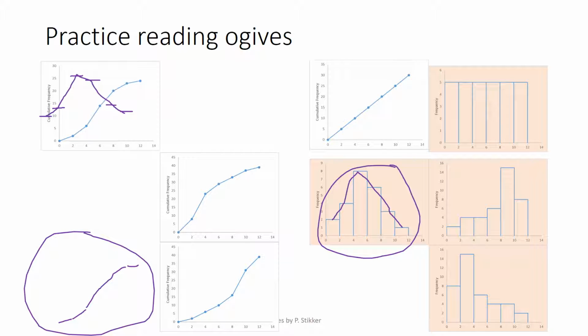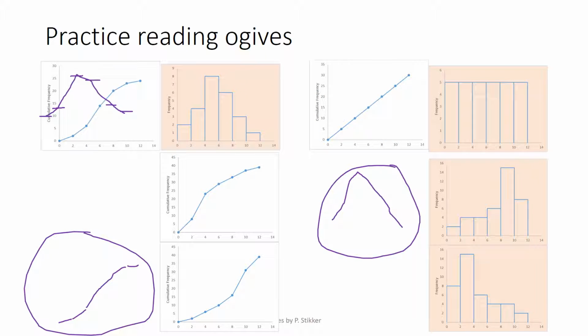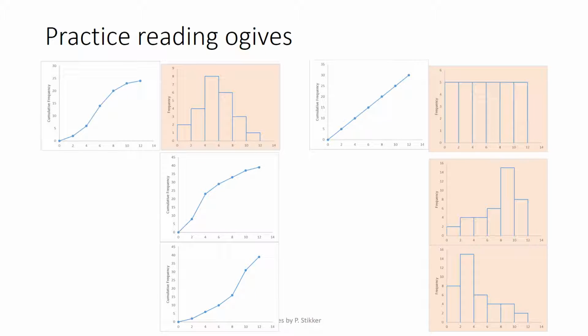So we can put those two also next to each other. The next one up here is a little bit the same as the previous one. It's again a bit tricky, so we have quite a steep increase, then an even higher increase.